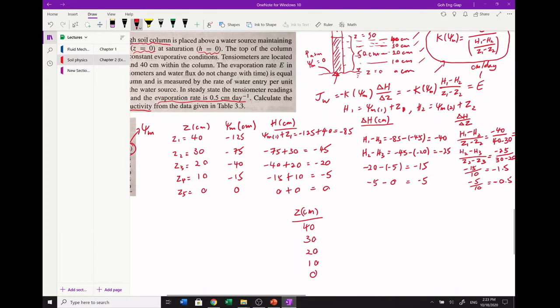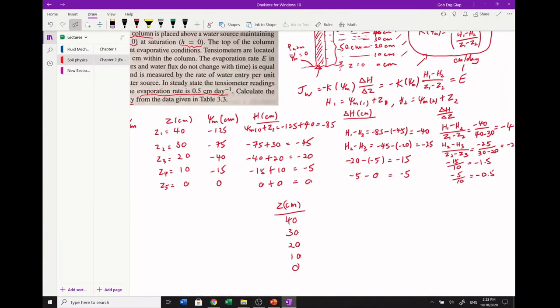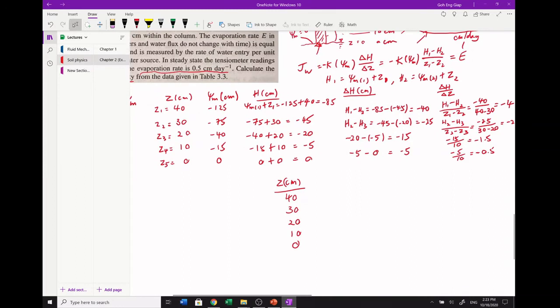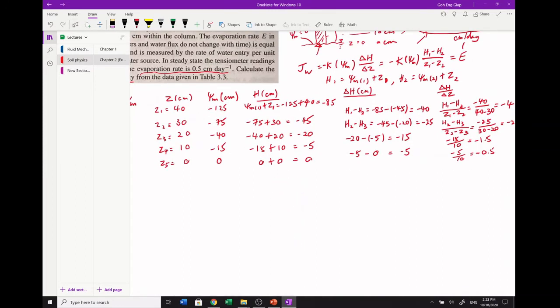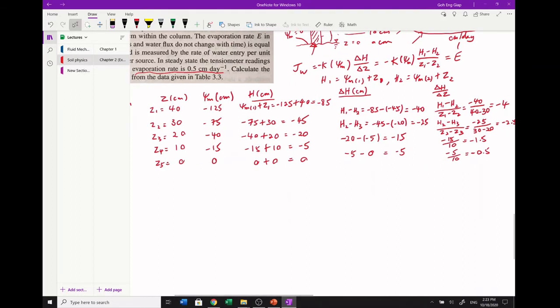Okay, sorry, this is not right. You can write Z in centimeter, so at 35, at 25, at 15, at 5.